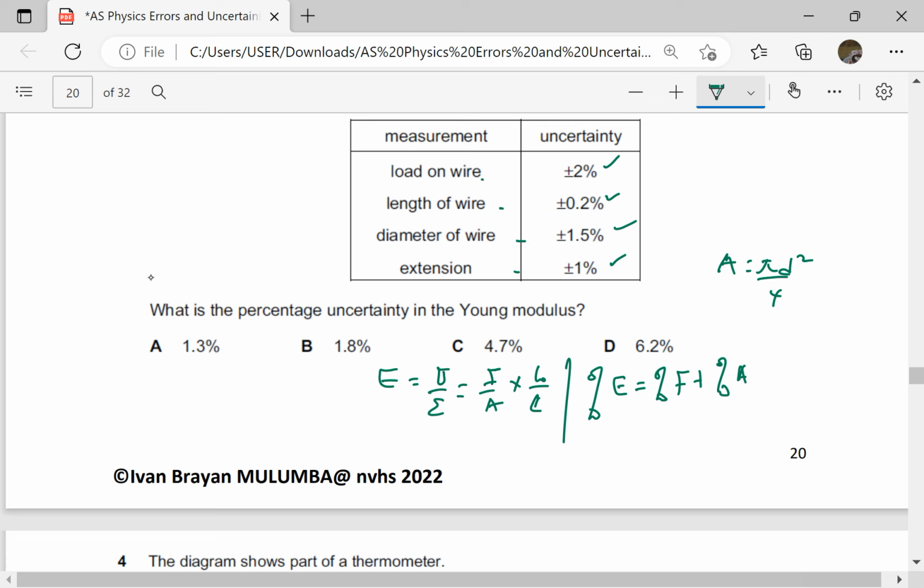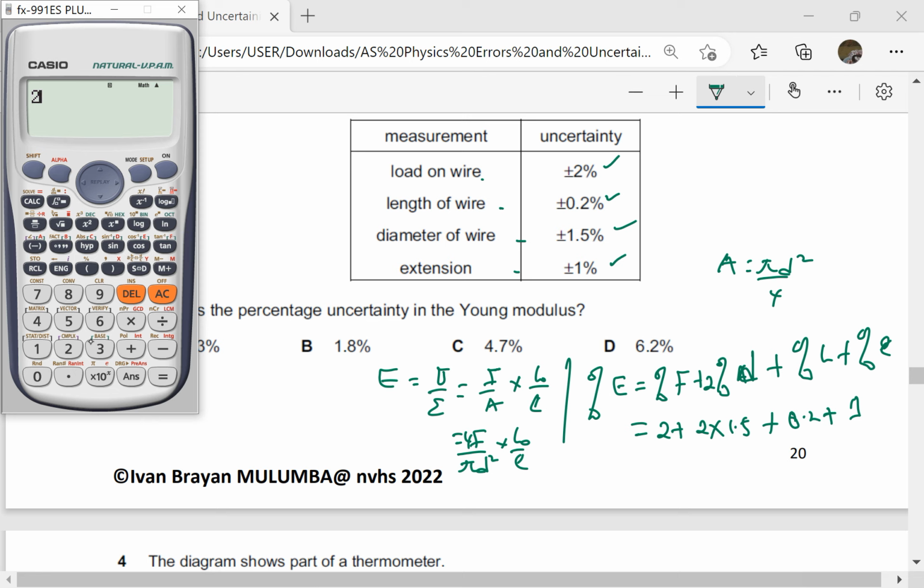So this is going to be F times 4 over pi d squared times L naught over E. So this will be 2 times percentage in D, then plus percentage in L plus percentage in E, which will be equal to F, which is 2, plus 2 times D, which is 1.5, plus L, which is 0.2, plus extension, which is 1.